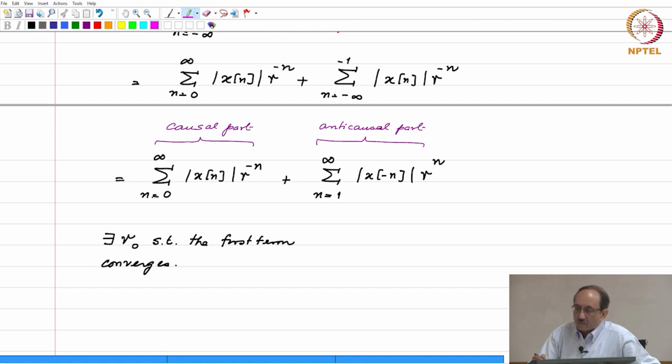And the theorem that is used to establish this is, intuitively you see that this is true, but the precise theorem that is used is the comparison test. So, the series comparison test is used to establish the result.